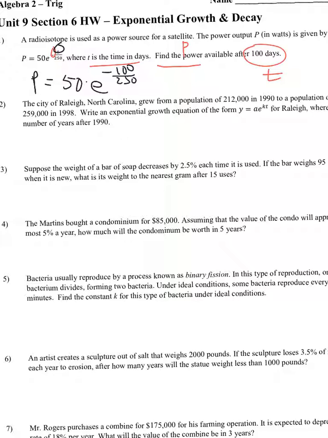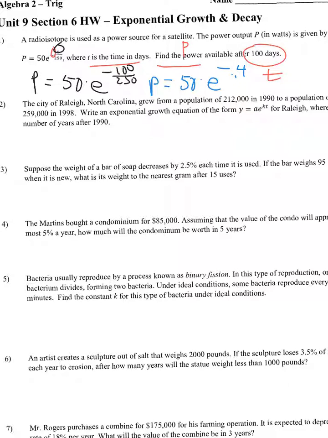Which if we go through and do that, P equals 50 times e to the, and if you take 100 divided by 250, that's negative 0.4 power.